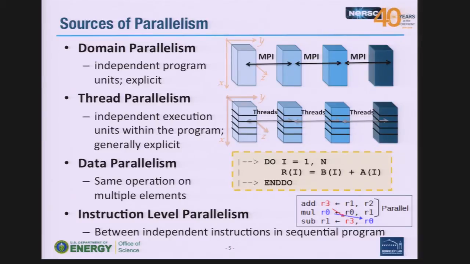Now, my associate lab director would tell me I should use a PGAS language. But still what we see at NERSC is that the dominant programming model that people use is MPI. So you've broken up your domain into different MPI tasks that run on processors. Is everyone programmed in MPI here?